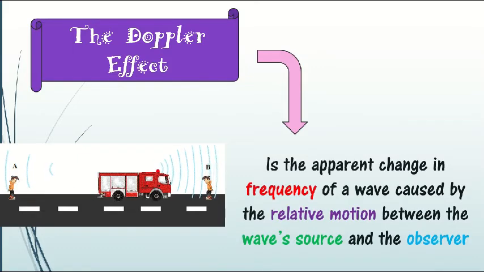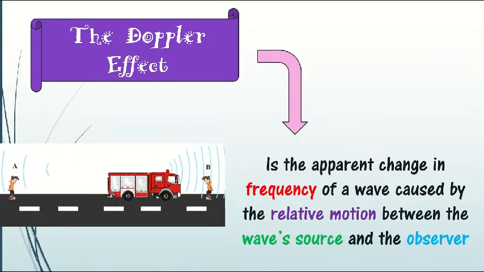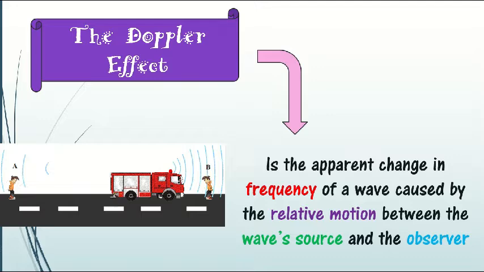The Doppler effect is the apparent change in frequency of a wave caused by the relative motion between the wave source and the observer.